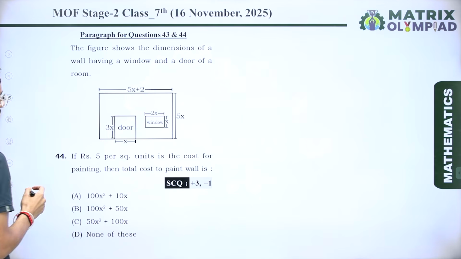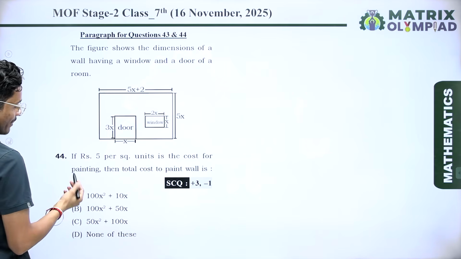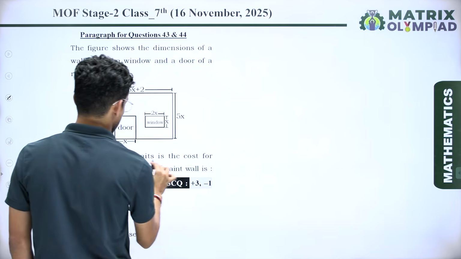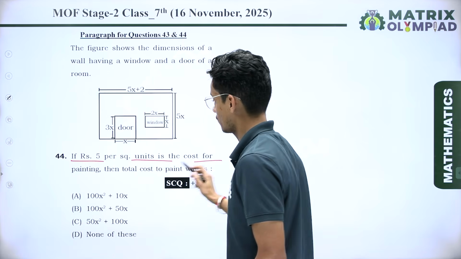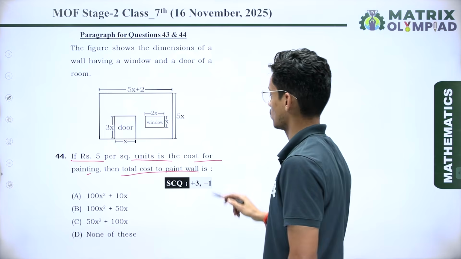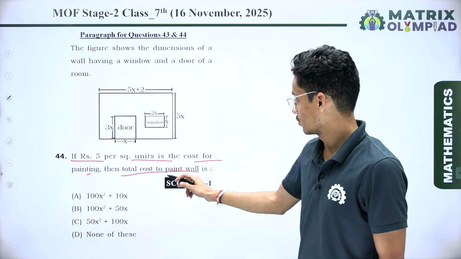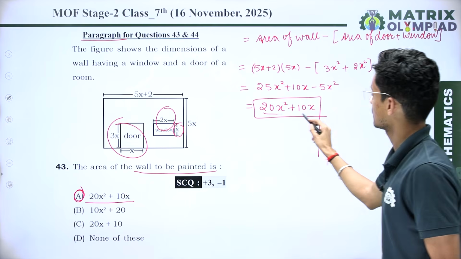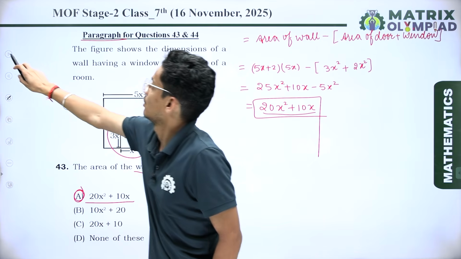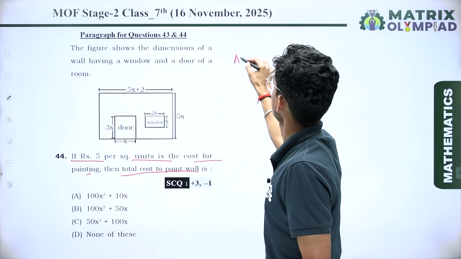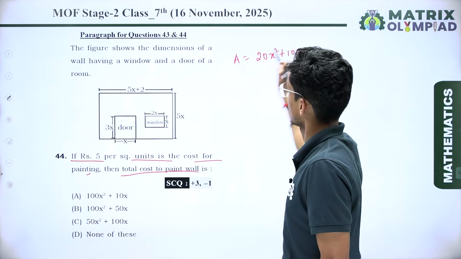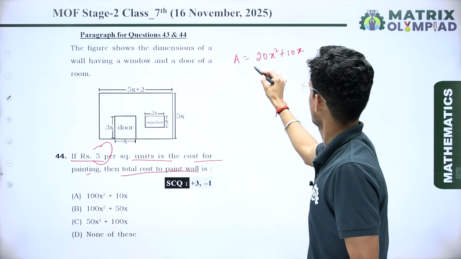So now the next question, which is based on the same paragraph: if the rate is rupees 5 per square unit for painting, then what is the total cost of painting the wall? So here we get area, that is 20x square plus 10x, and the cost is 5 rupees, so I have to multiply.